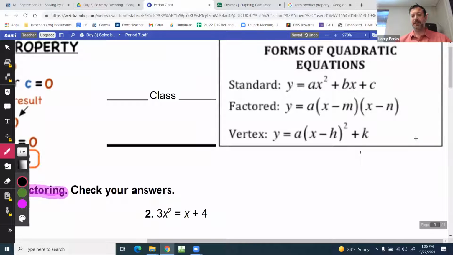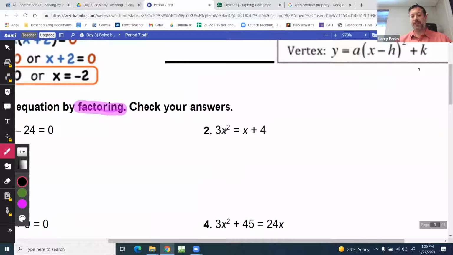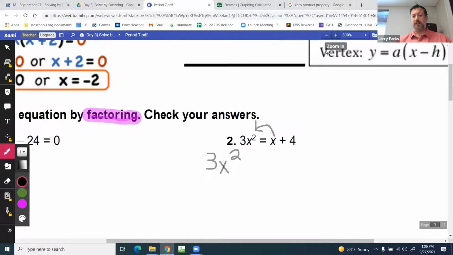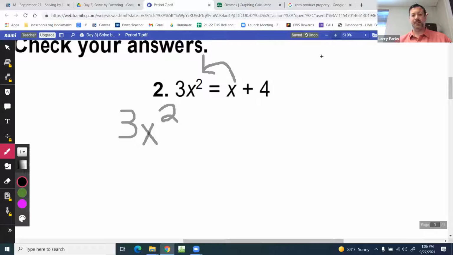on the top. It says ax squared plus bx plus c. Here we have ax squared, but x and 4 on the wrong side. So I'm going to move the x over. So I already had 3x squared over here. I forgot that I don't have much space on here. So I'm going to need to zoom in a little bit.